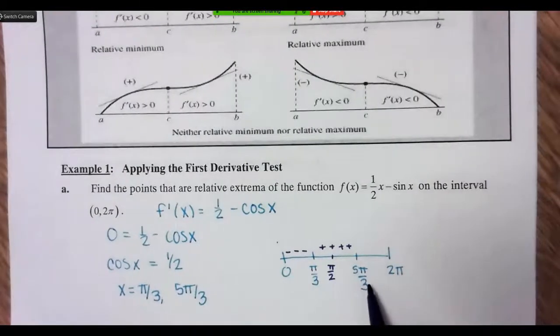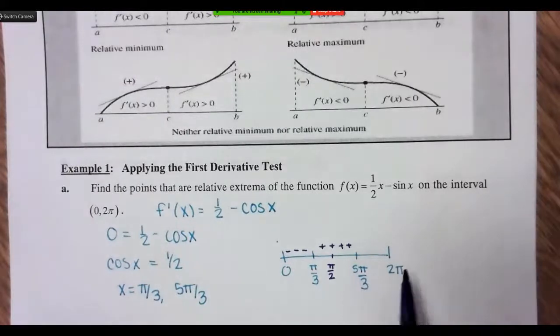And then picking a number greater than 5 pi thirds but smaller than 2 pi. Again, 5 pi thirds is pretty close to our endpoint there, so you'd have to pick a unit circle value just beyond that, which would be like 11 pi sixths.